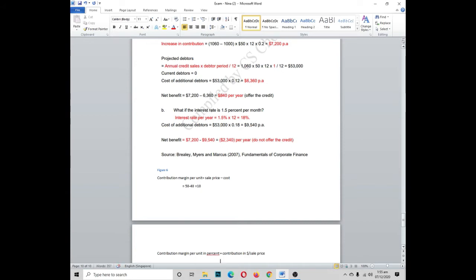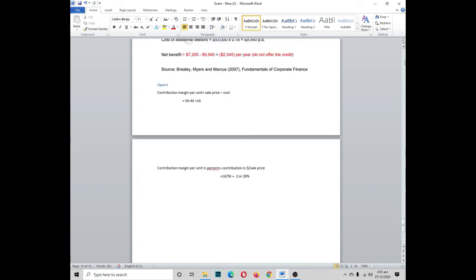The contribution in dollars we found in the last step is $10. Sale price is $50. The answer is 0.20, or if we multiply by 100, it is 20%.